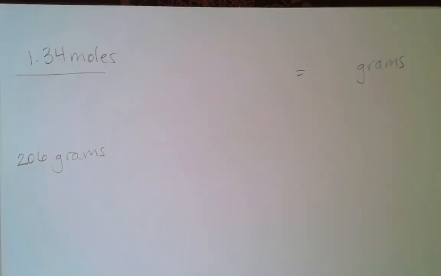And how do you find the mass? You go through each element and you write down how many times they say that the element is used. Find the mass and multiply it by that number and add them all up to get the mass. Awesome.